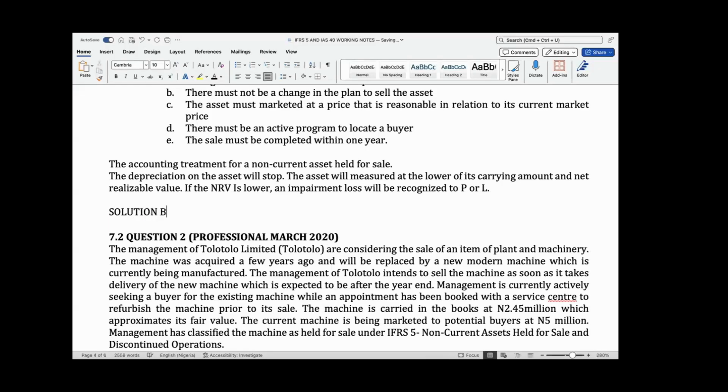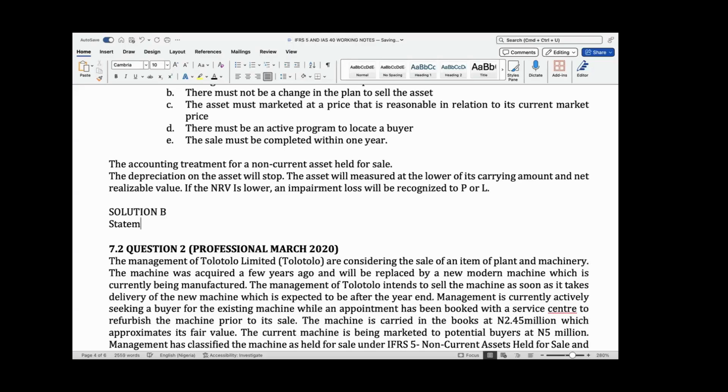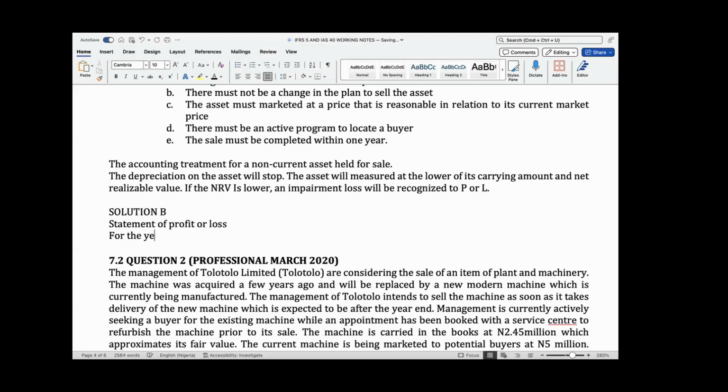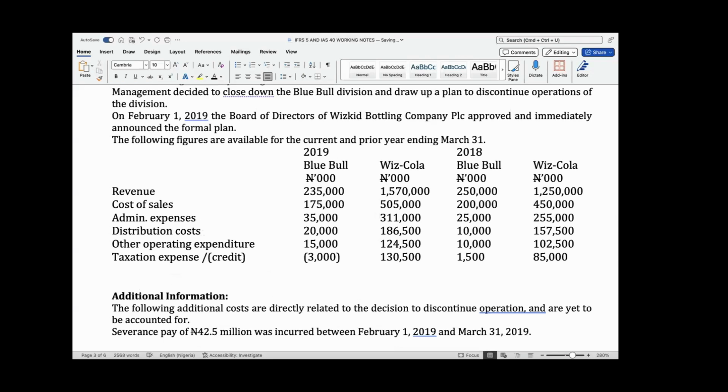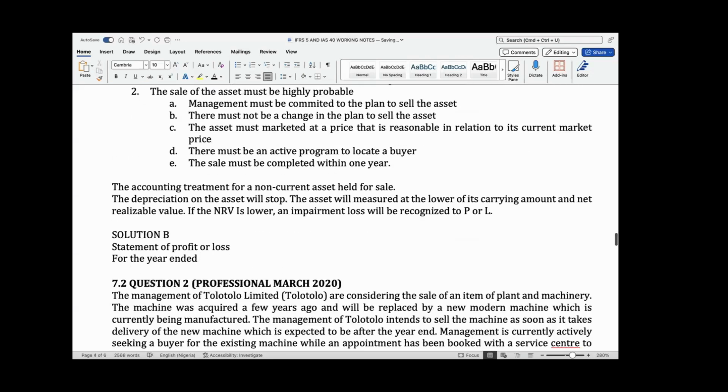So this is the solution B part. Prepare statement of profit or loss for the year ended March 31st, 2019.